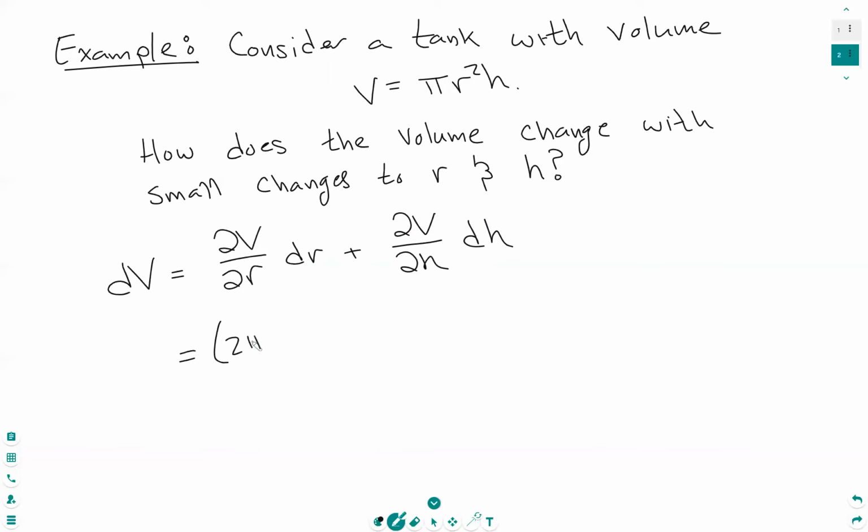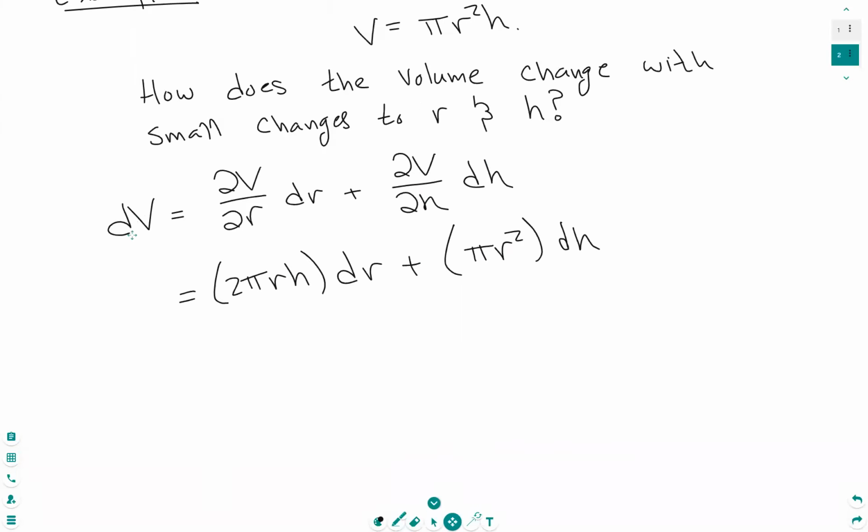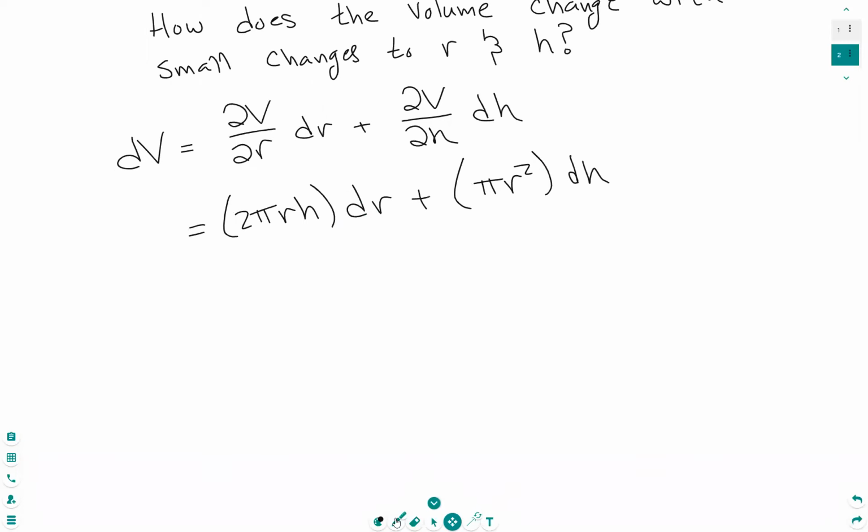This is 2 pi r times h times dr plus pi r squared dh. So this tells us how the change in volume is going. If I have some small change in R, I plug in my existing R and H, and if I have some small change in height, I plug in my existing value for R, and I'll get some change in the volume.